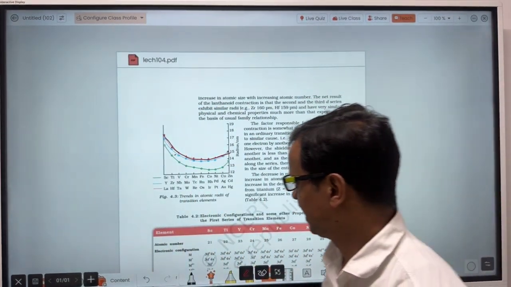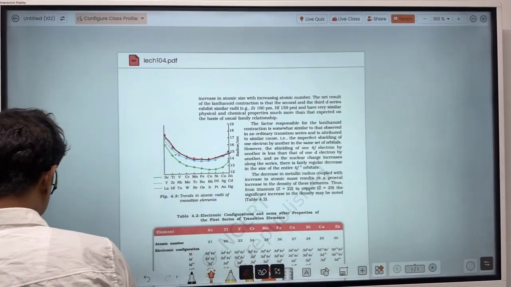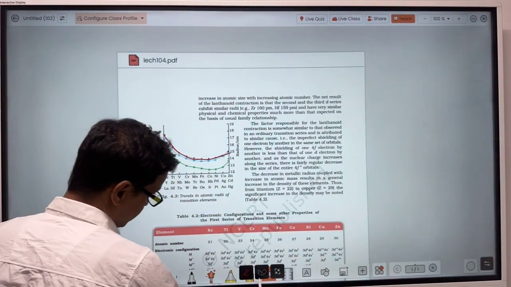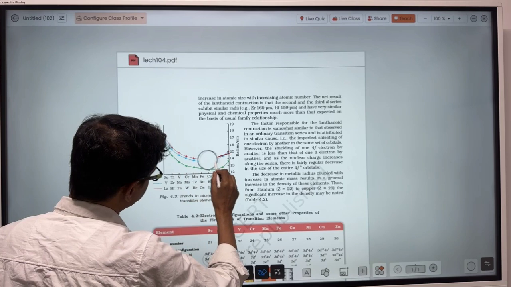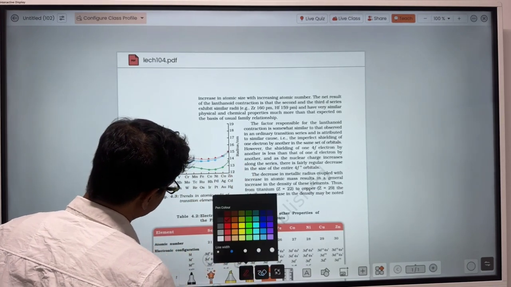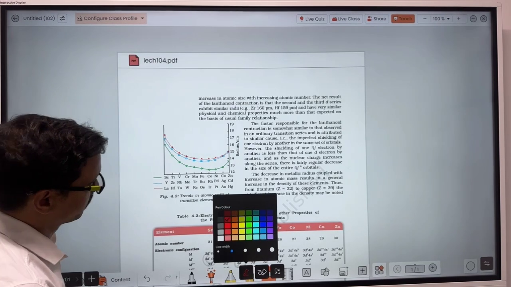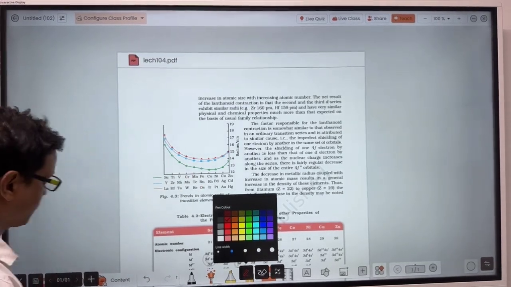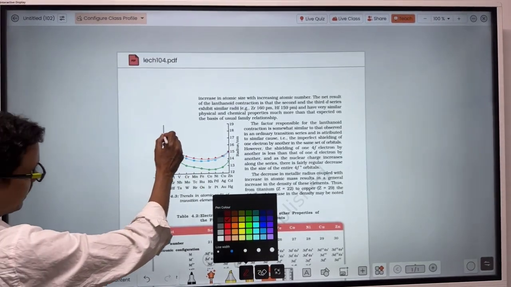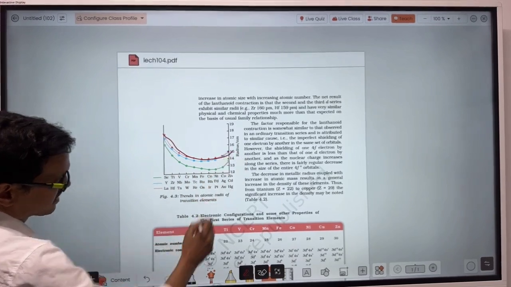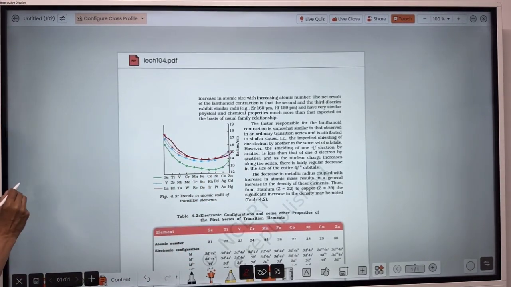But the elements of the 5d series possess approximately the same atomic radii as the 4d series. What's the reason here? Because in the elements of the 5d series, there are 14 electrons present in the 4f orbital.